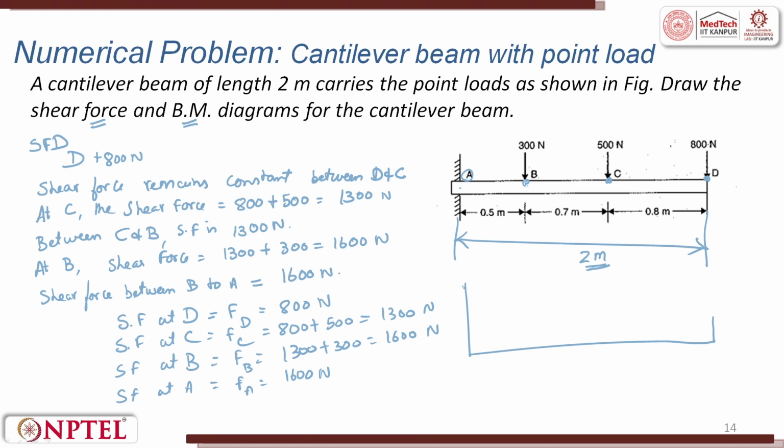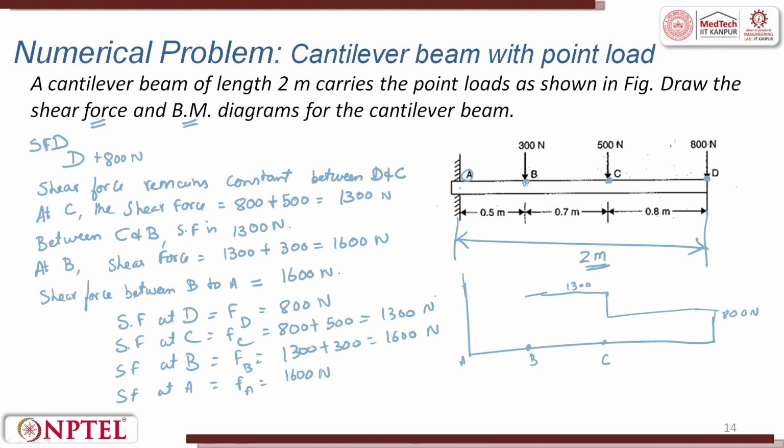Let us plot it: A, this is approximately B, this is approximately C, and let us take this as D. Here, what will happen is up to here it is 800. Then from here you will have to B, which is 1300.